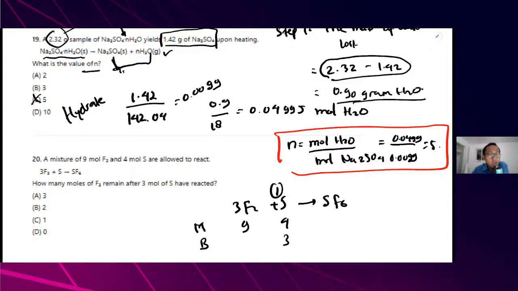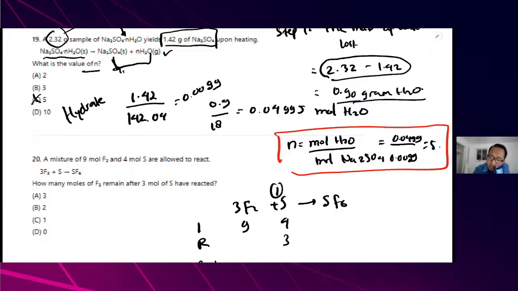In Indonesia we call it mula-mula, reaksi, and then hasil, sisa. But over here I just want to say this one is initial and then reaction, and then after that product. So how many mole of sulfur have reacted over here is 3, right?